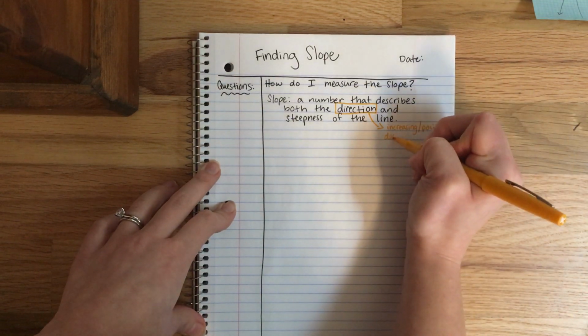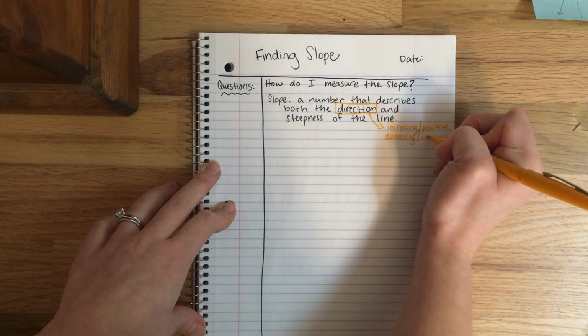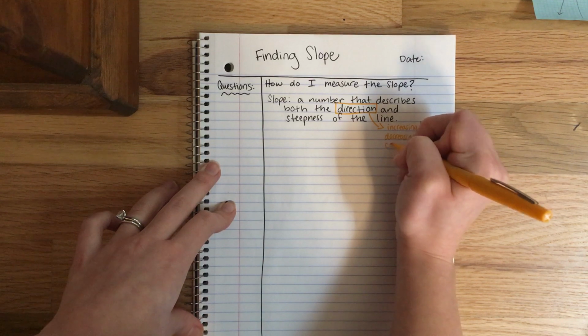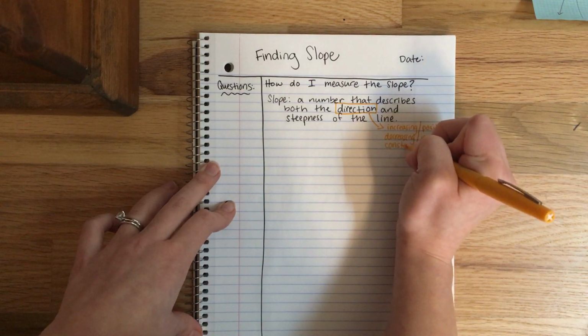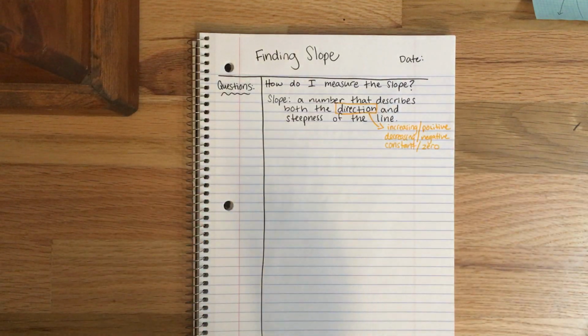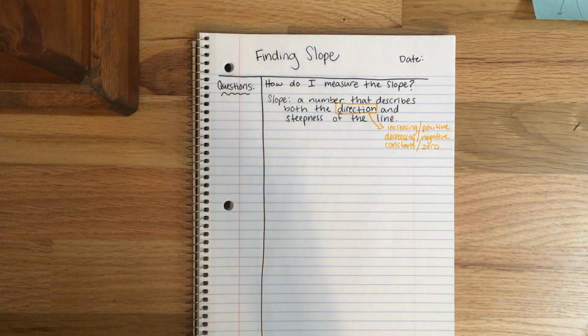If it's decreasing, we know that it is negative slope. And if it's constant, it's not really changing, that's when we have a zero slope.